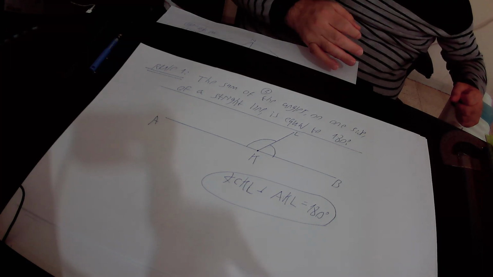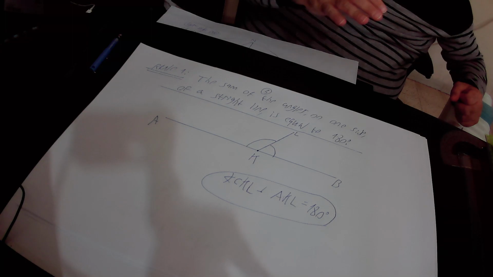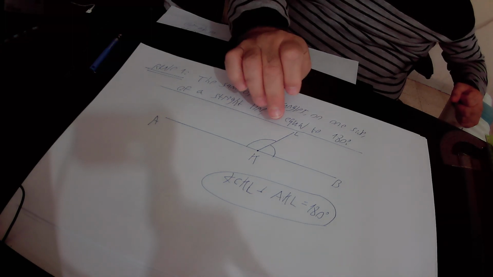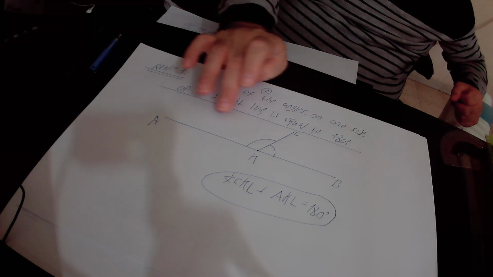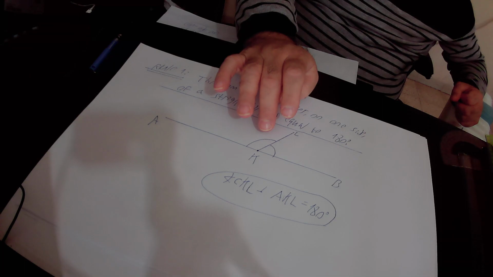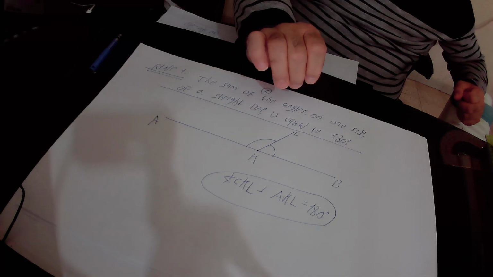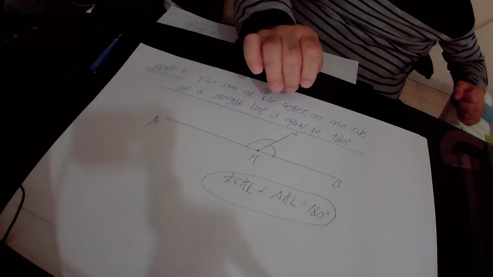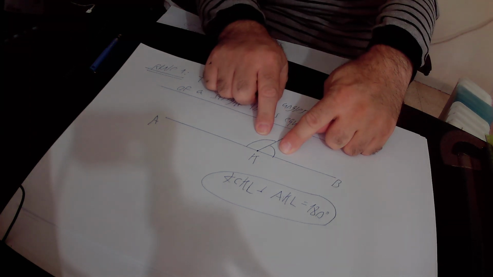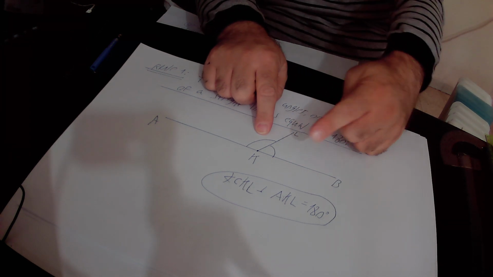According to rule number 1, the sum of the angles on one side of a straight line is equal to 180 degrees. So if we focus on the upper side of AB at point K, the sum of the angles must be equal to 180 degrees. That is to say, the sum of those two angles must be equal to 180 degrees.